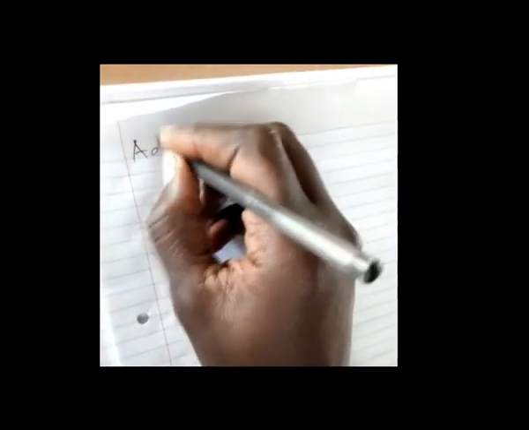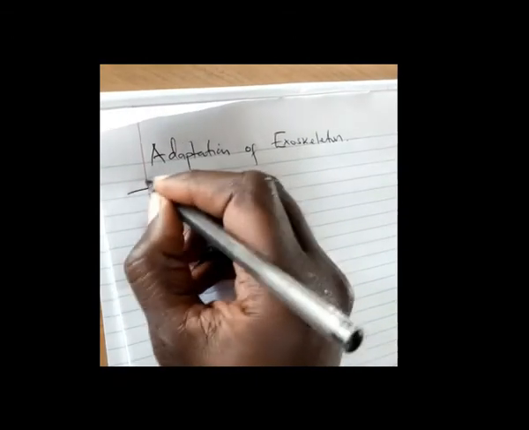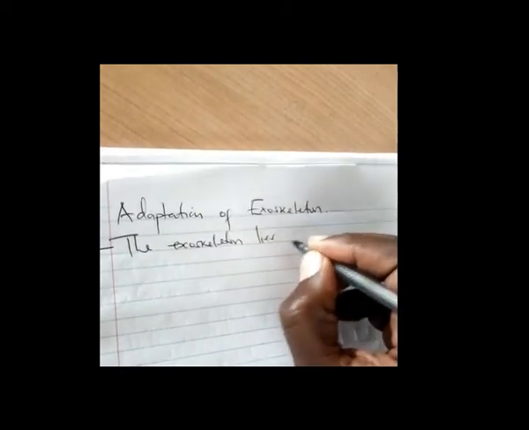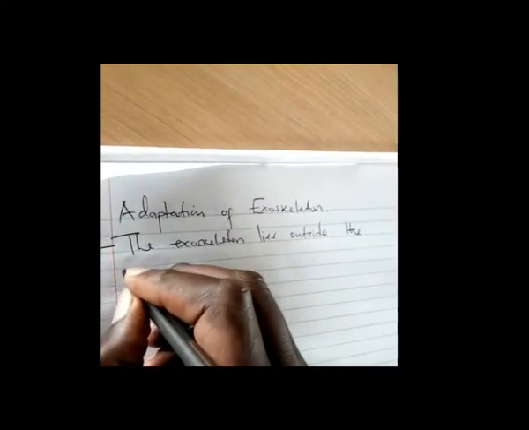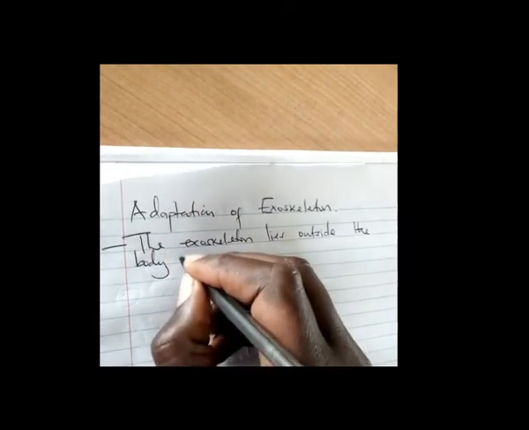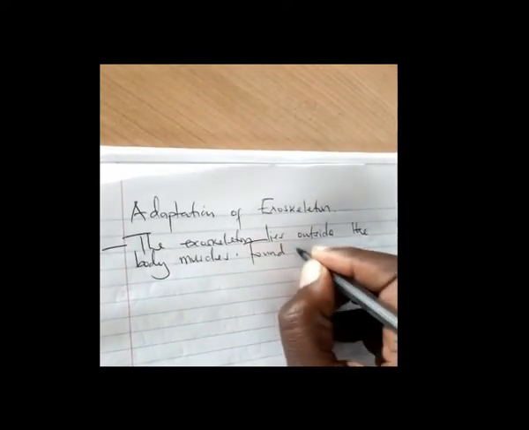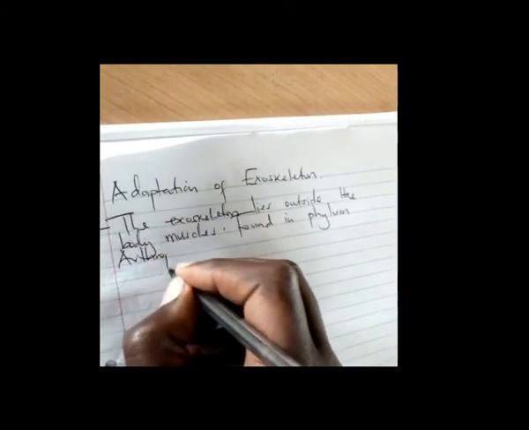The exoskeleton lies outside the body muscles, and it is found in phylum Arthropoda.